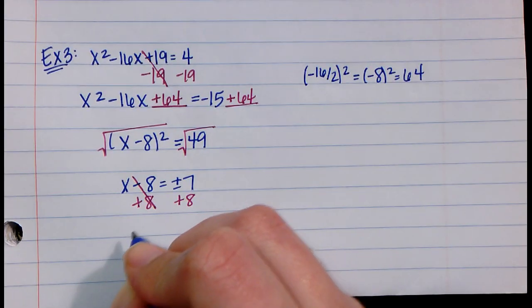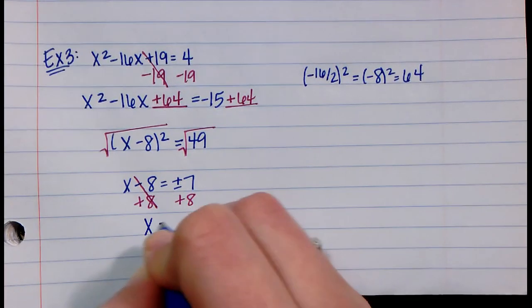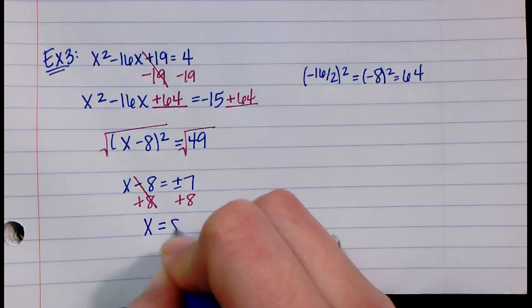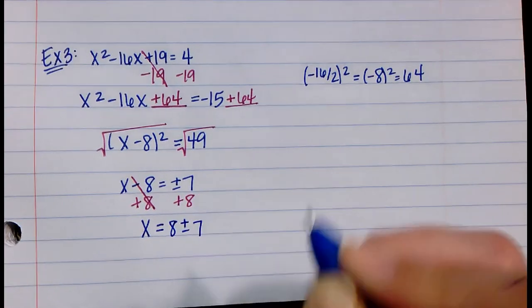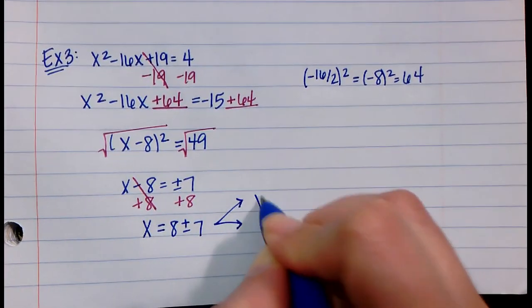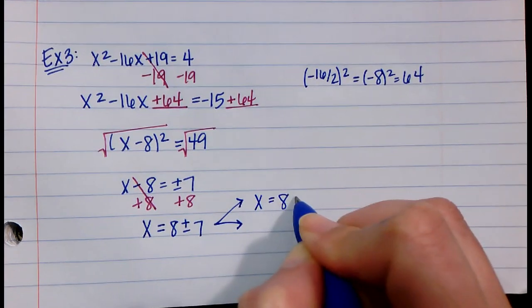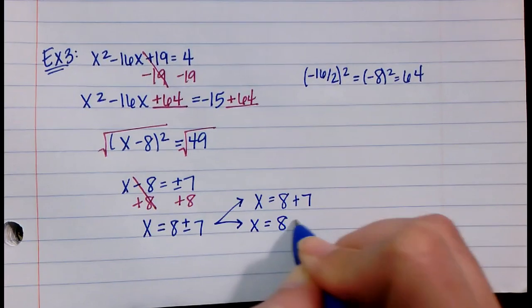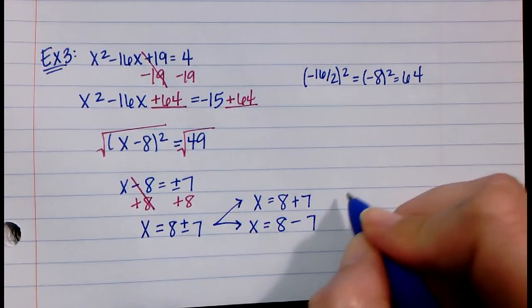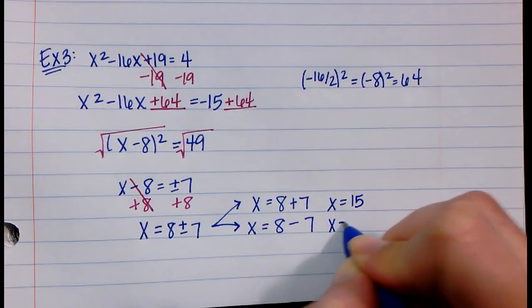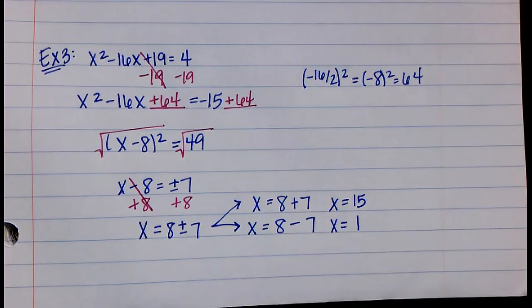This would give us x equals 8 plus or minus 7. Split it up. We get x equals 8 plus 7 and x equals 8 minus 7. So x equals 15 and x equals 1. These would be both of your solutions.